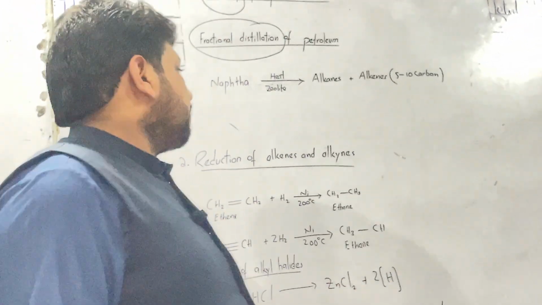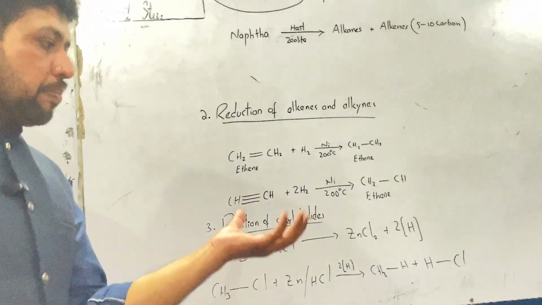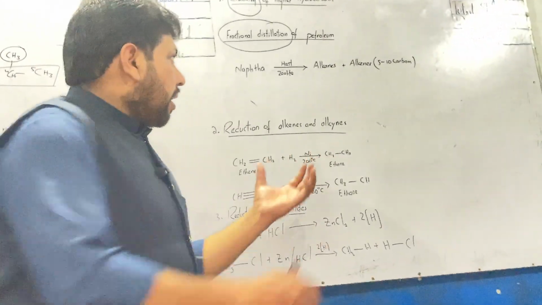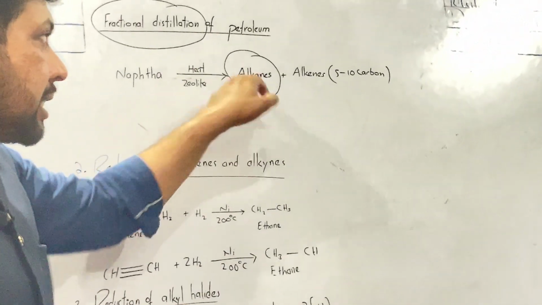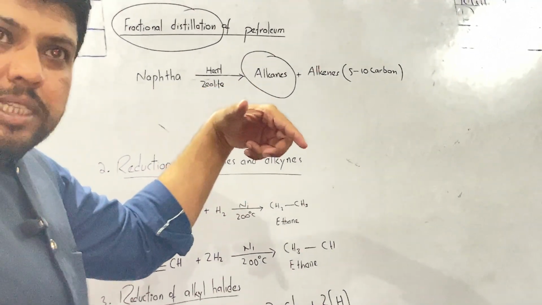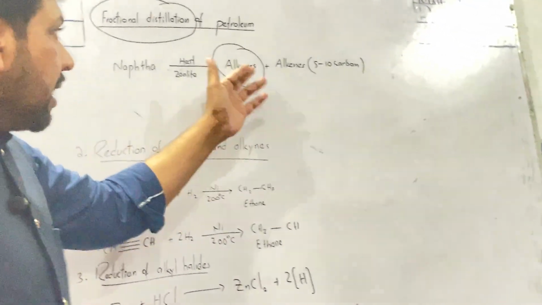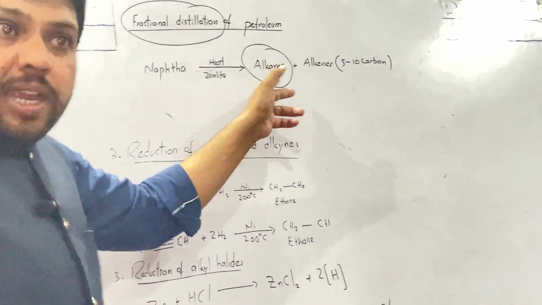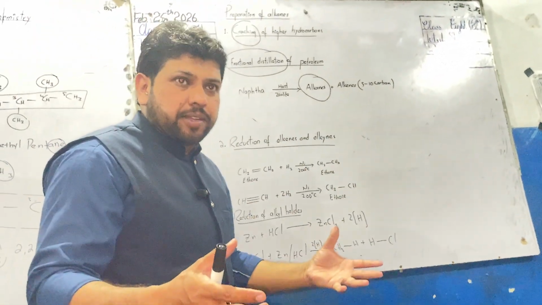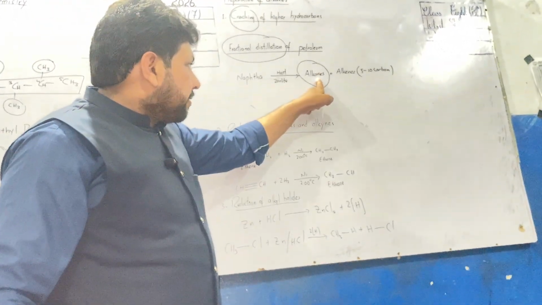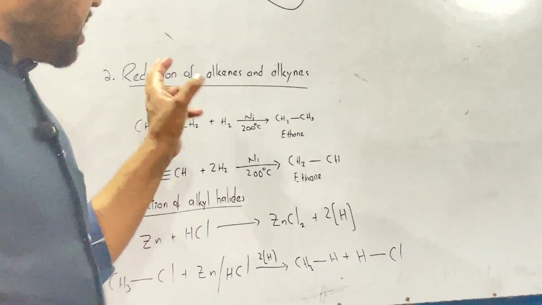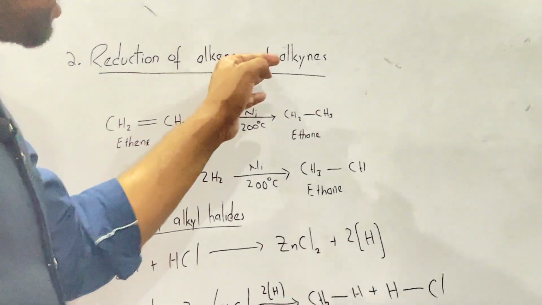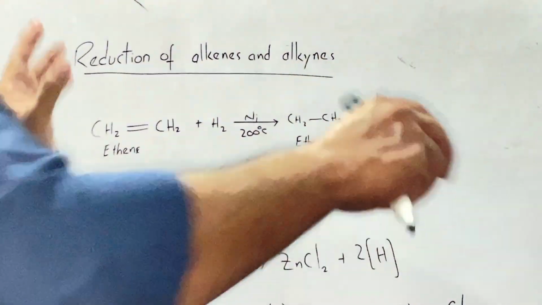Clear? Okay, look at it, it is our product that we require, alkanes, because we are discussing the preparation of alkanes and we have prepared it. The second reaction, reduction of alkenes and alkynes.